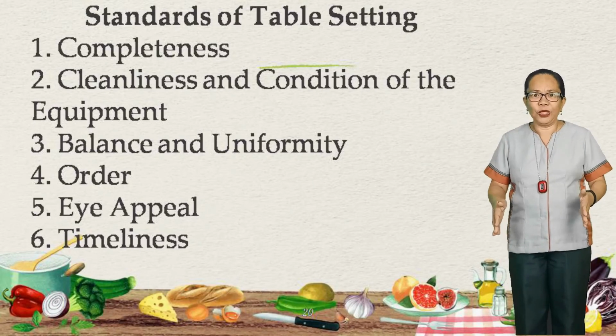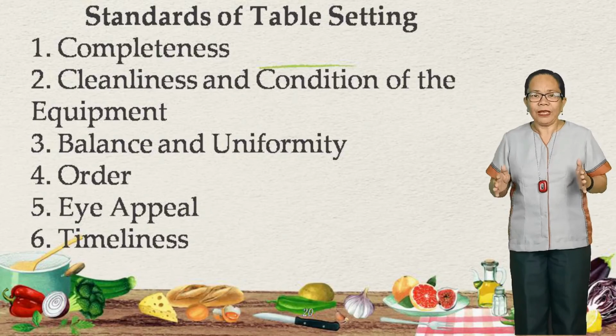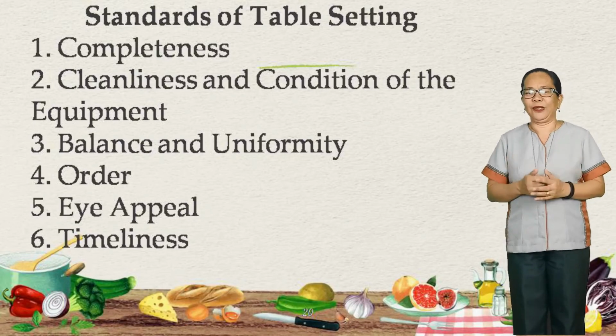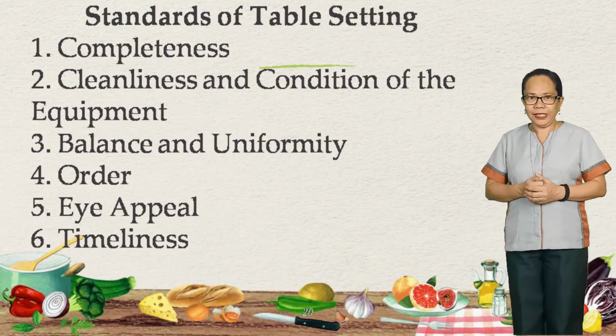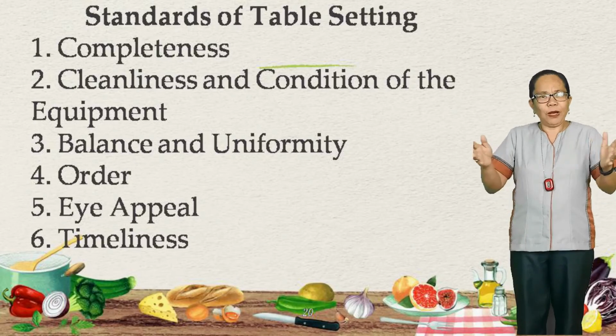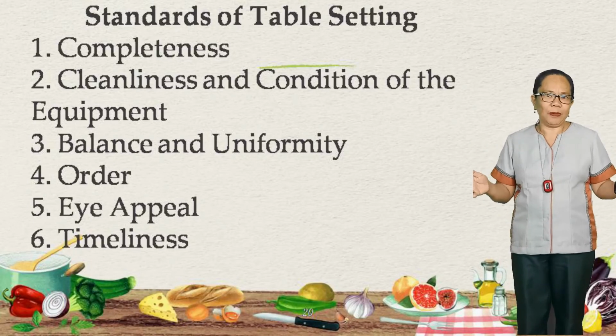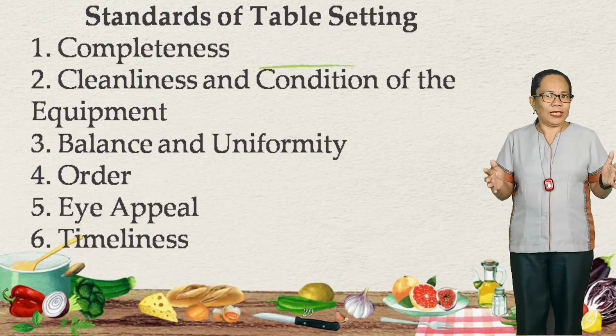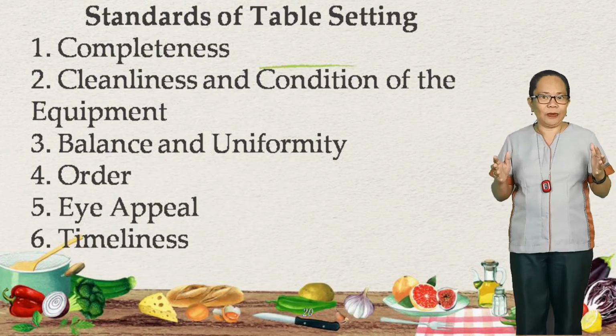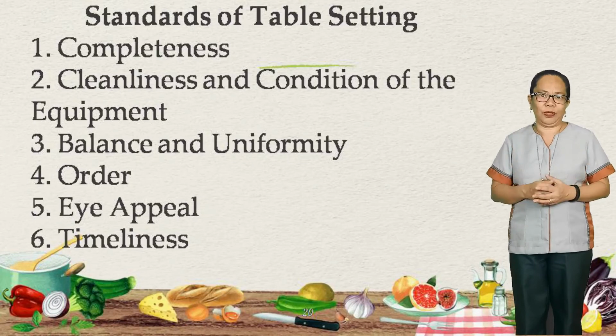Yun ang naandon sa pinakatabi ng pinggan. So, tatandaan nyo yan. Of course, appeal. So, table appointments pa lang, table implements pa lang, table utensils pa lang, dapat appealing na to the eye of the diner or of the customer.